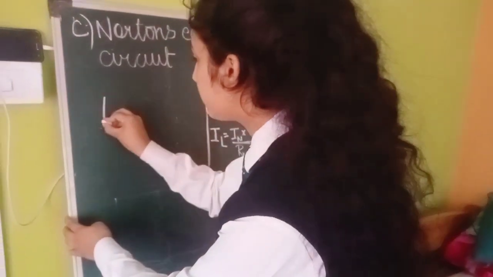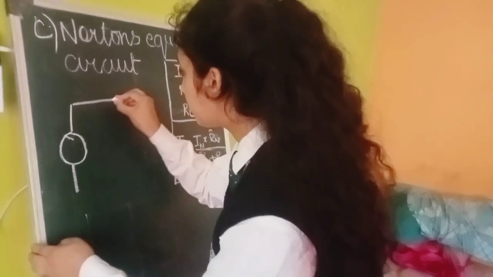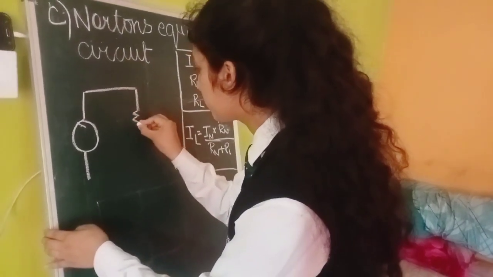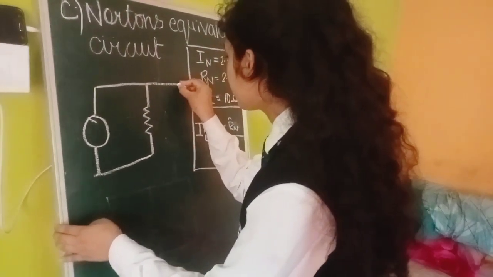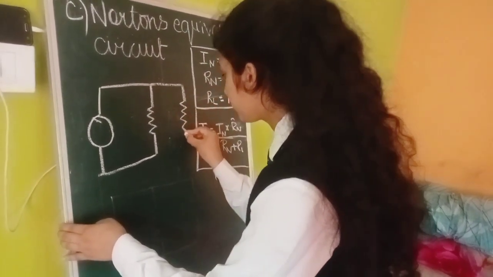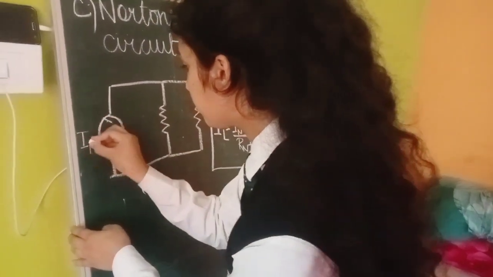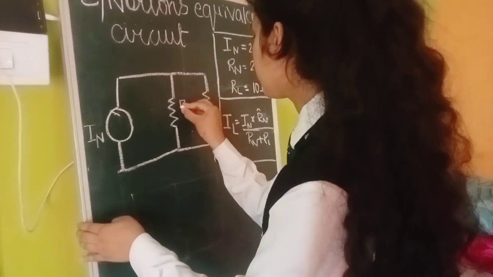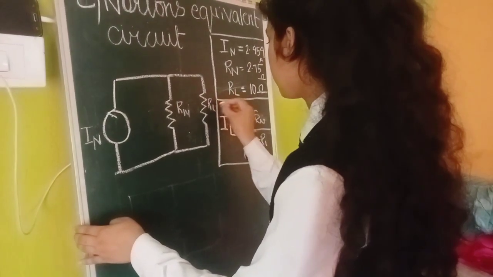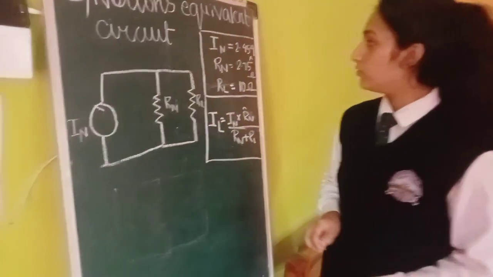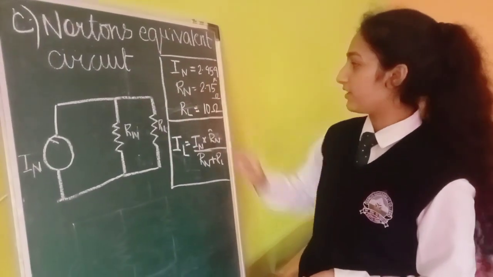Next step is to find the Norton equivalent circuit. So we have already got the value of IN and RN from our previous equations.